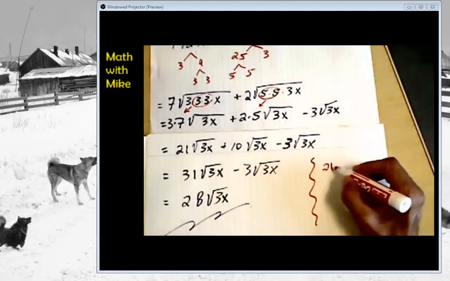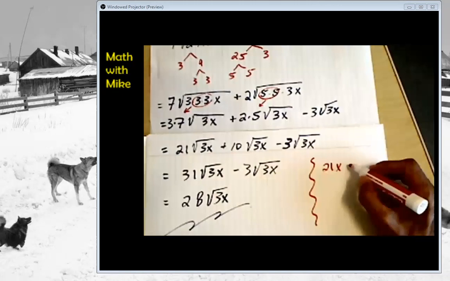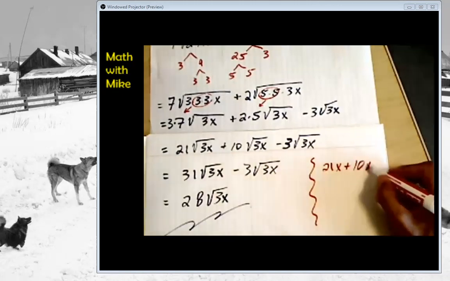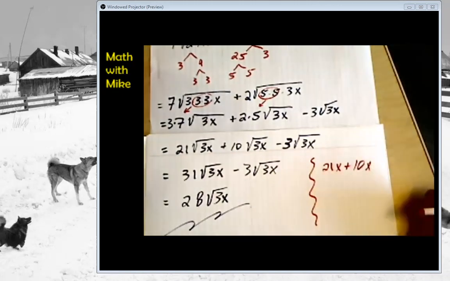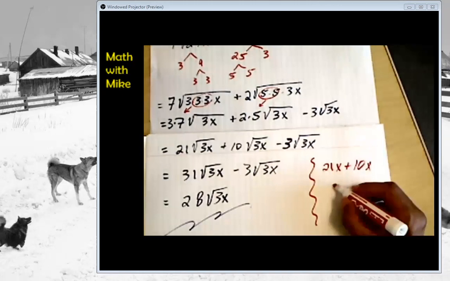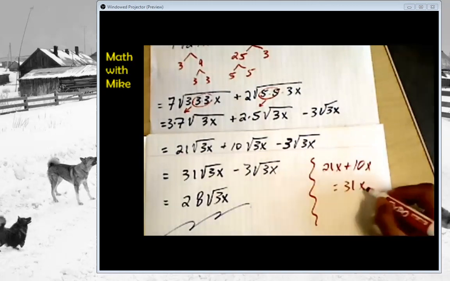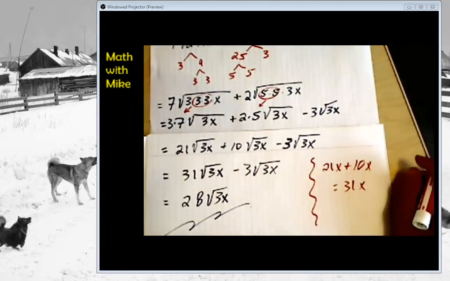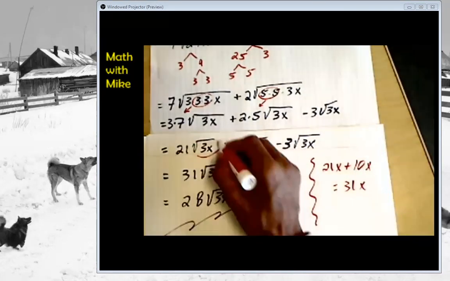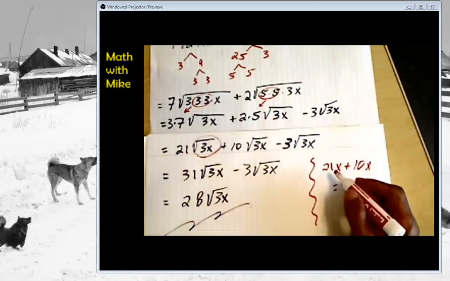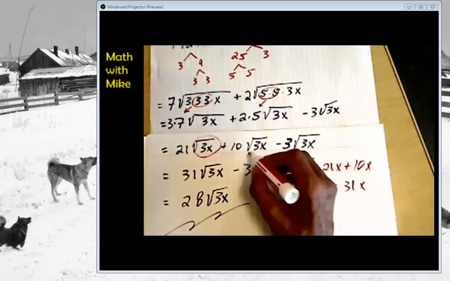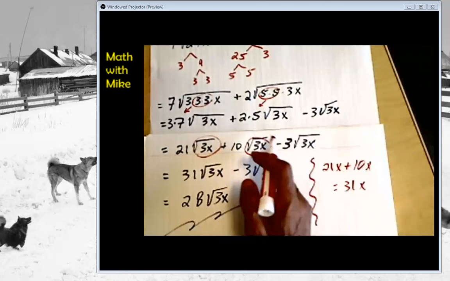Okay, 21 x plus 10x, what do you get? Yeah, see? And it stays as x, right? Okay, so that's not x, it's a little more complicated, but that stays the same.